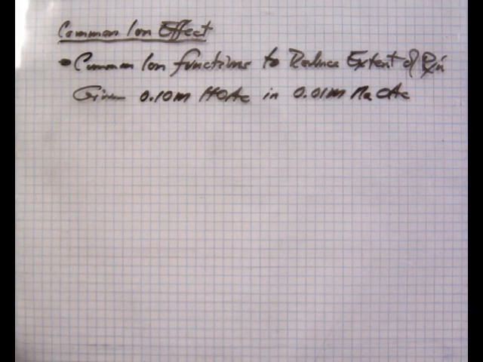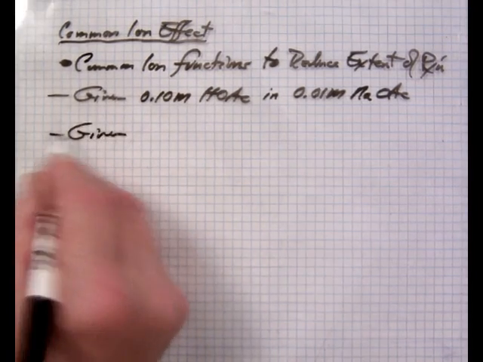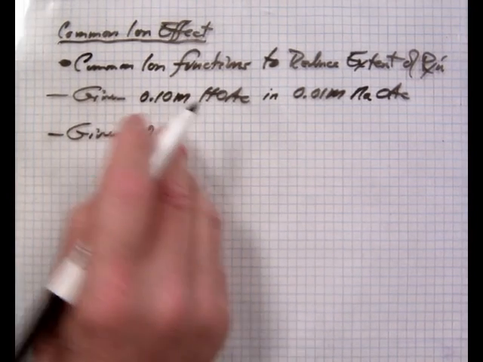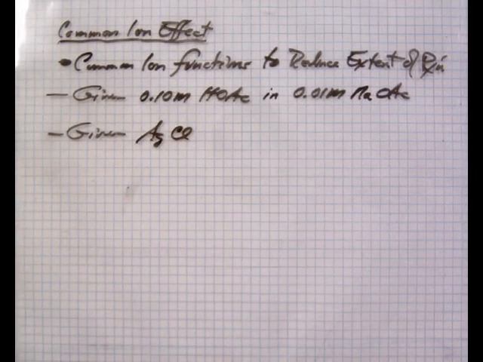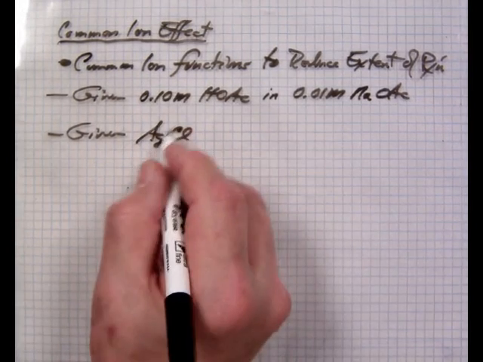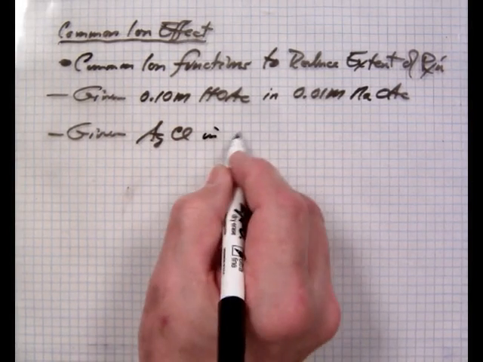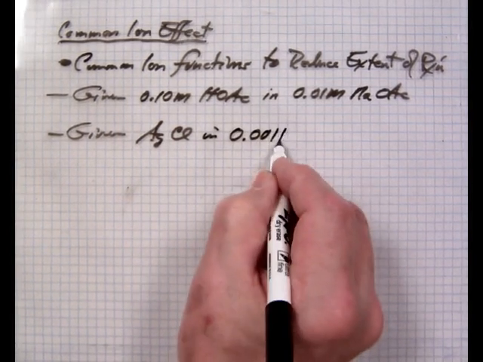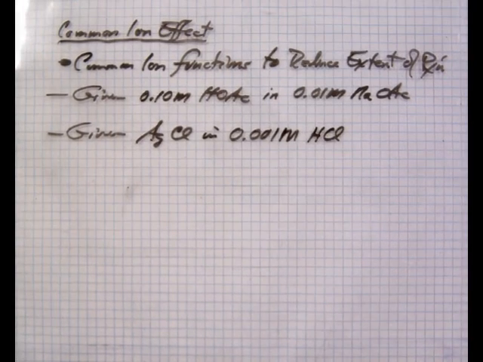Or if we're working with a salt, another one would be, say, given silver chloride, you don't have a concentration, it is saturated or not. Silver chloride in 0.001 molar, I don't know, HCl, like that. And then you'll compare solubilities.